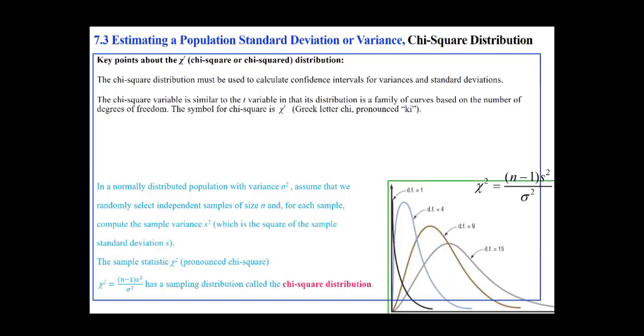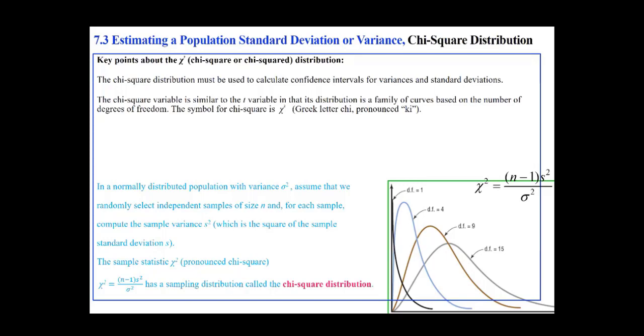So those are the chi-square shapes. Notice as the degrees of freedom gets larger, it gets a curve that gets closer and similar to the bell shape of normal distribution we've seen, but it is not normal.